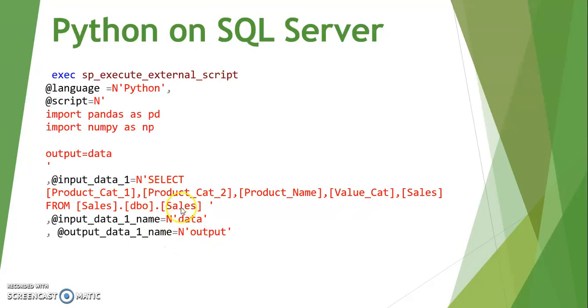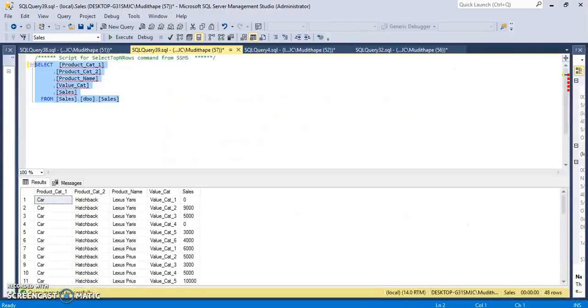Here I'm going to pass the select statement into the Python code, and I'm going to get the same result set from the Python execution. Okay, let's try out this code. Okay, open SQL Server.